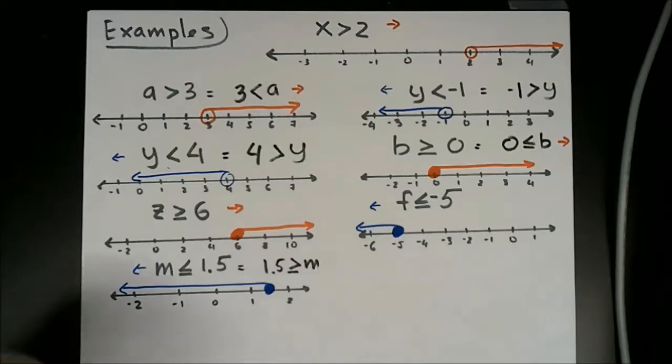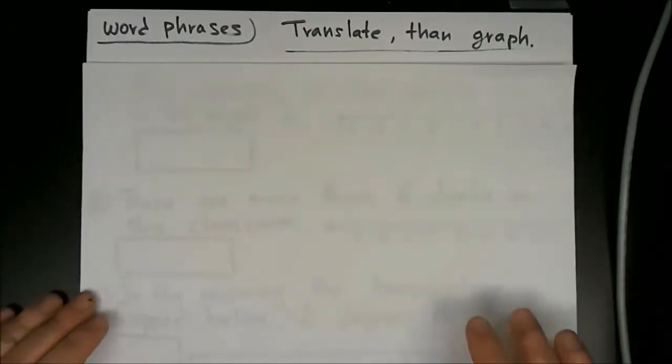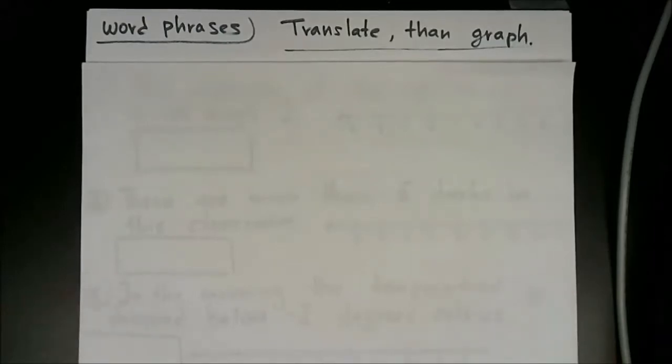Alright, moving on to something a little different. Next we're going to look at word phrases. So you looked at word phrases before when you were doing equations and even just expressions, and they're coming back, and they'll keep coming back. Word phrases don't go away, just like word problems don't go away.